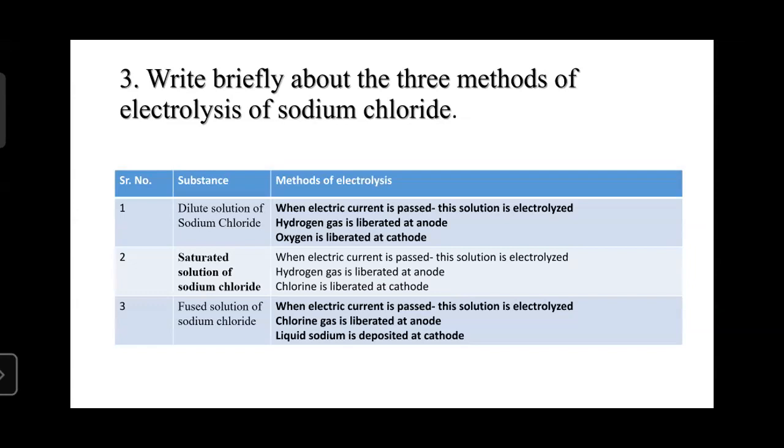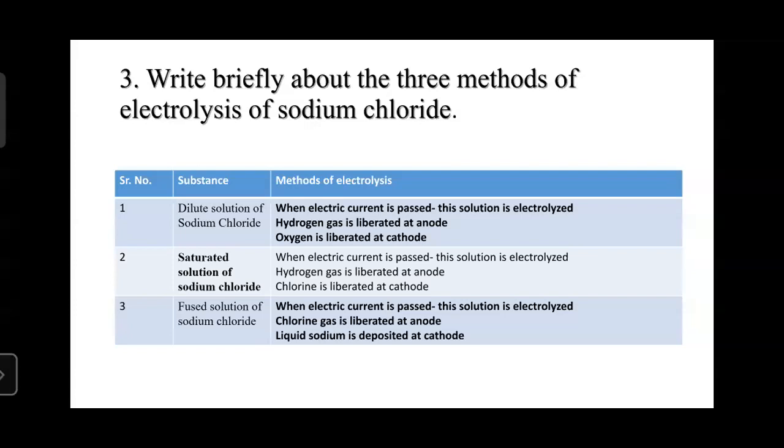And third one, fused sodium chloride. Now, method of electrolysis in the first solution. When electric current is passed through the dilute solution of sodium chloride, this solution is electrolyzed, and here hydrogen gas is liberated at anode and oxygen is liberated at cathode.